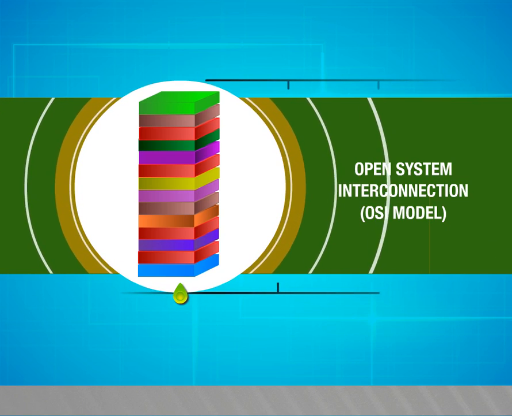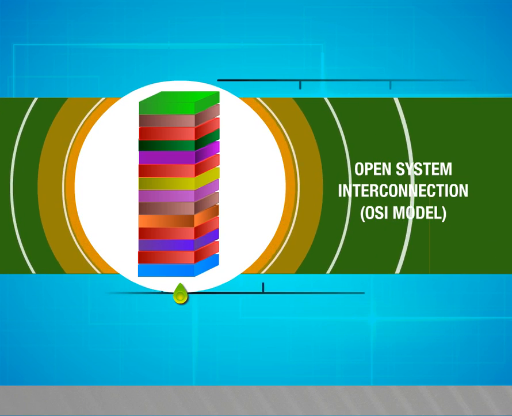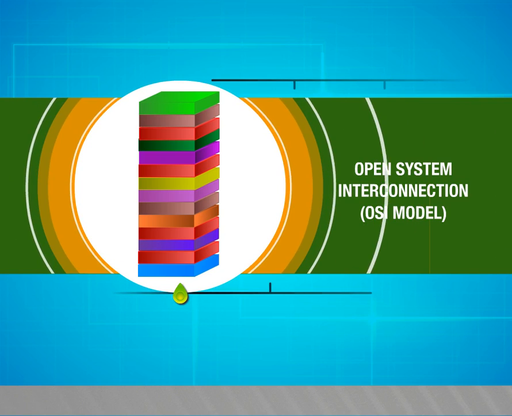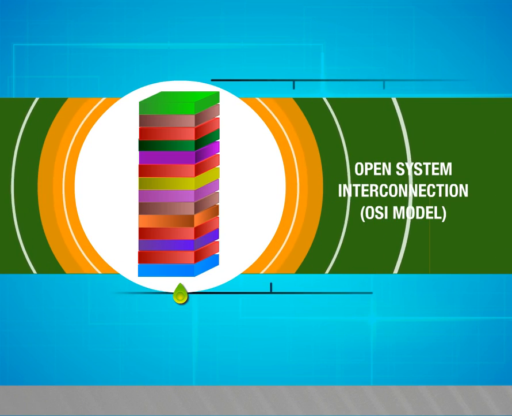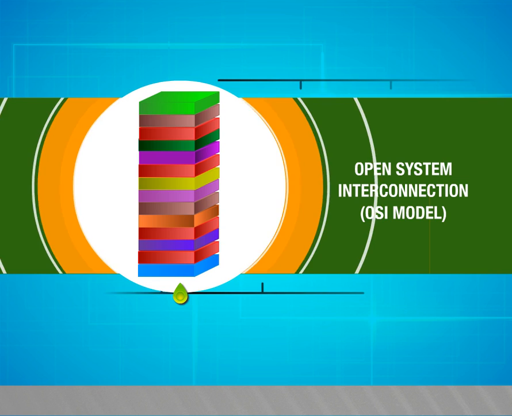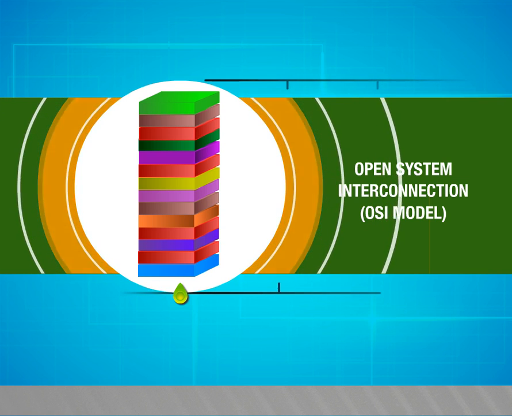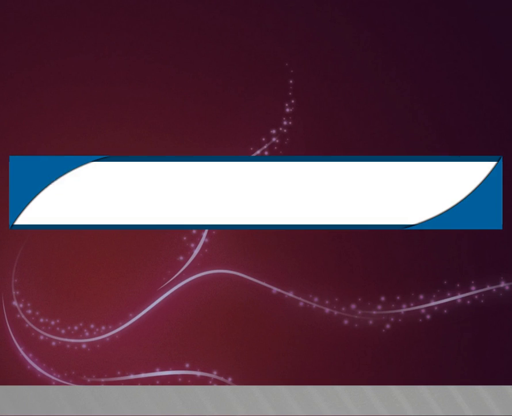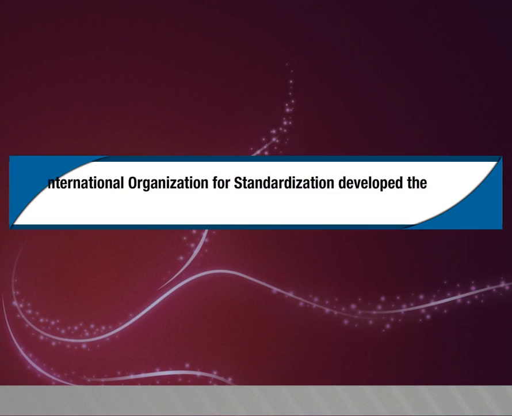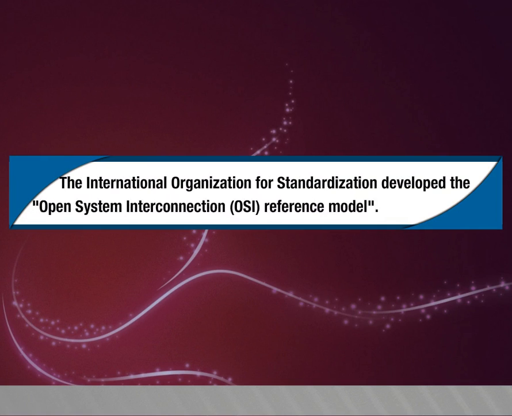Open System Interconnection, that is, the OSI model. In this video, we are going to see about the Open System Interconnection, that is, the OSI model. The International Organization for Standardization developed the Open System Interconnection, that is, the OSI reference model.